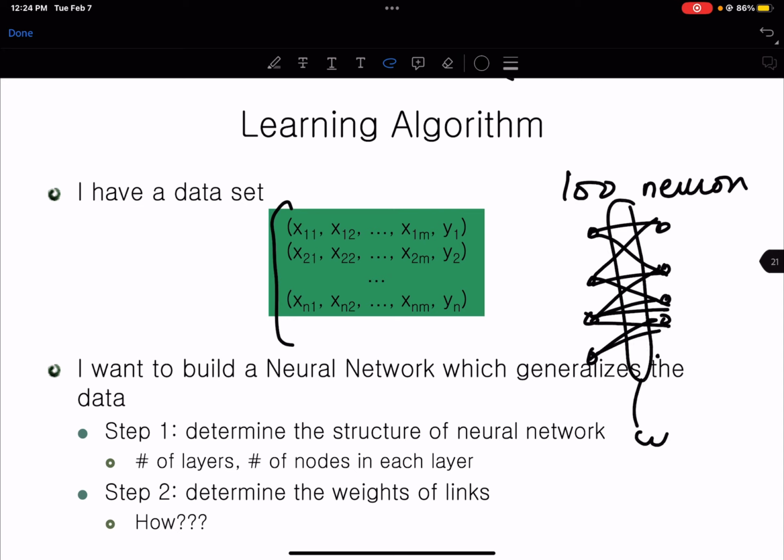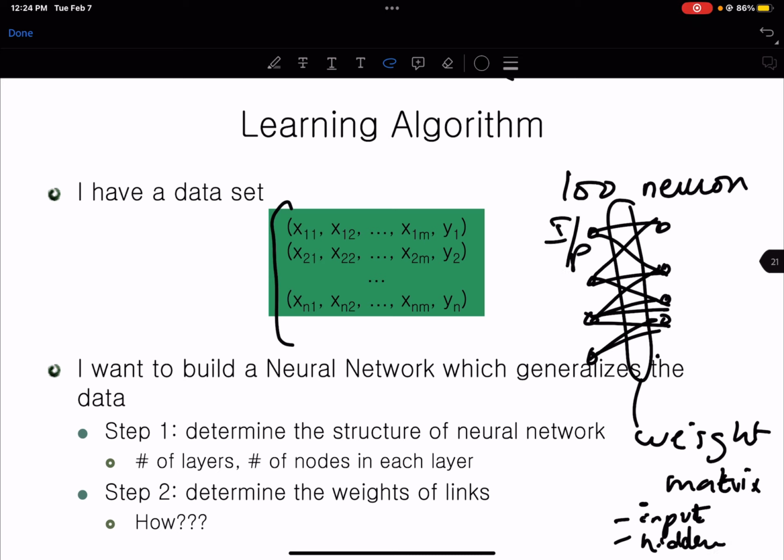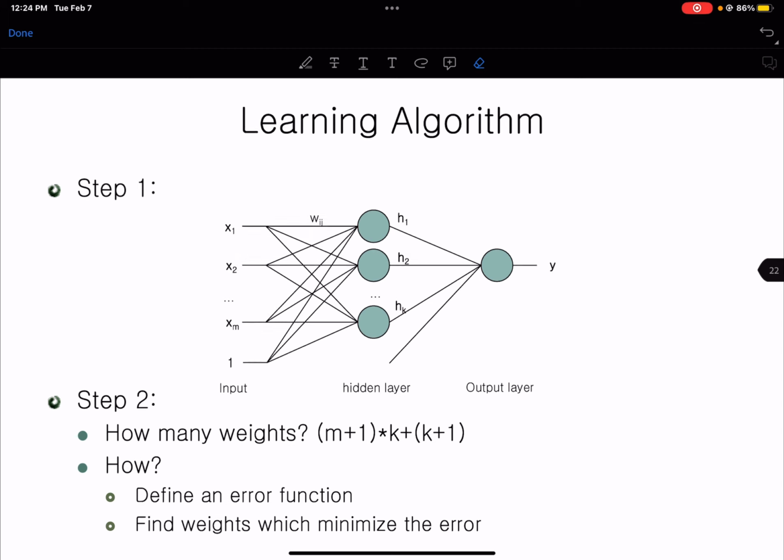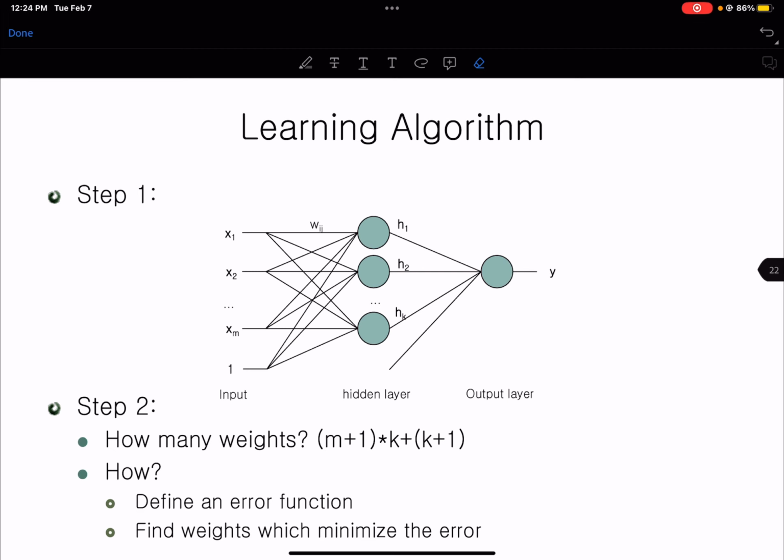What will be the size of the weight matrix that connects the input layer to your hidden layer? We need to define all the weights here, and determining that mathematically will be nearly impossible. So we have to make the algorithm learn these weights on its own.